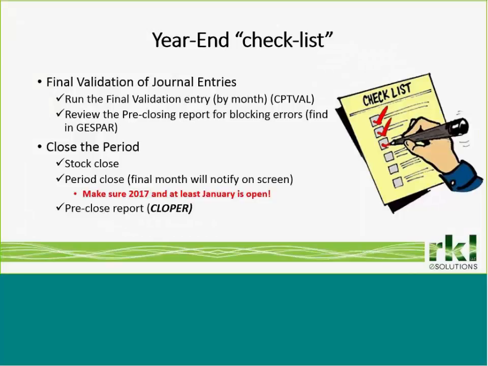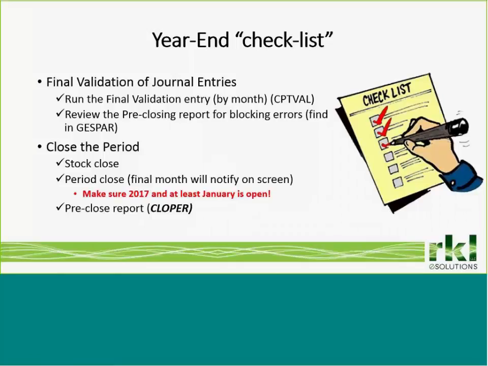Once you do a final validation, as many of you know, by month, it gives you the pre-closing report that shows all your blocking errors. So hopefully the longer you go with X3, the smaller that report gets, which means you're making progress with your X3 and your business process itself. But that report will list any errors that would block you from validating those final entries for the month.